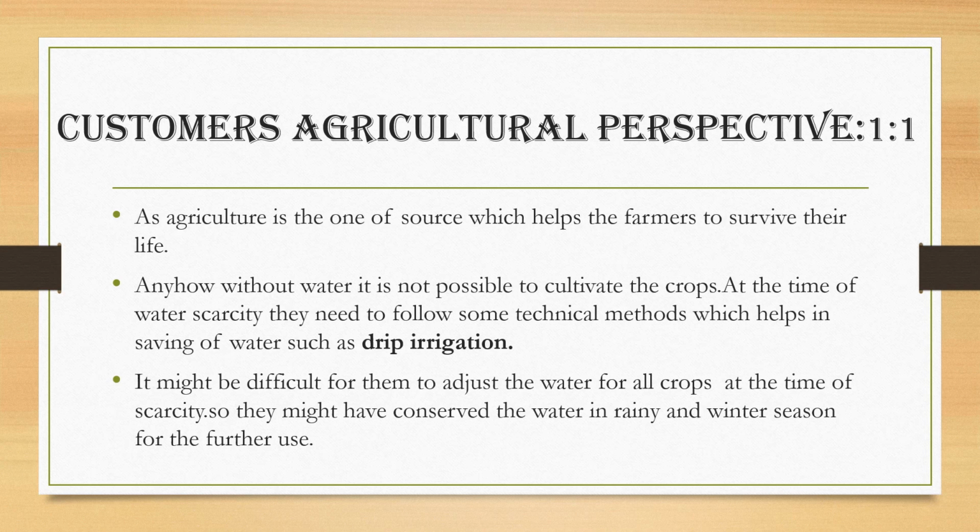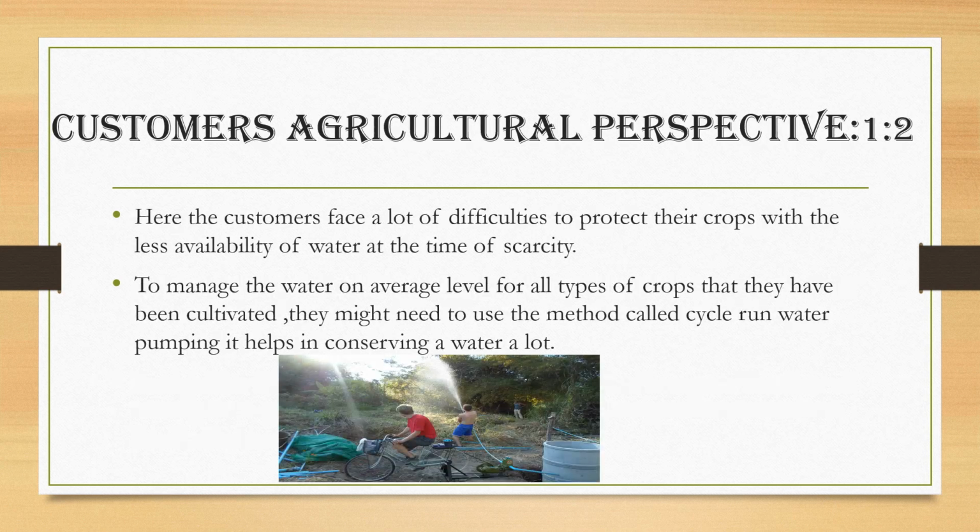It might be difficult for them to adjust the water for all crops at the time of scarcity, so they might have conserved the water in the rainy and winter seasons for further use. As we learned earlier, there are many methods and techniques to conserve the water in the rainy and winter seasons that will be helpful in the summer season.